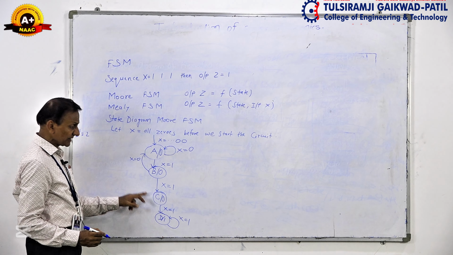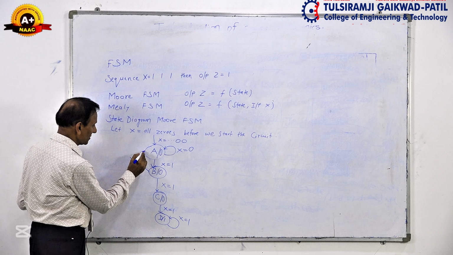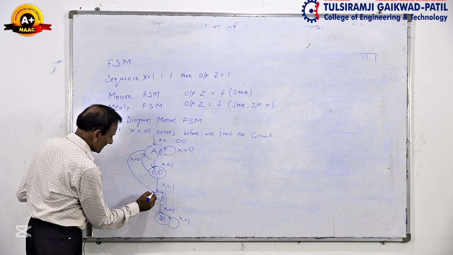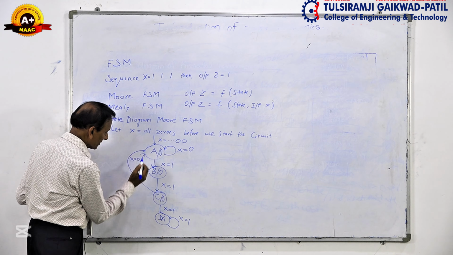In state C, if we have X equal to 0, it will go to state A, and in state A, output will be 0. Similarly, in state D, if we get 0, the machine will go to A with output 0. So this is the state diagram for Moore sequential machine.